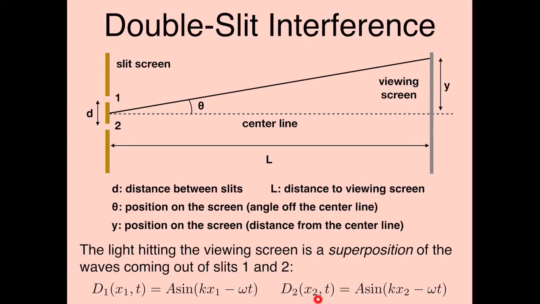And then d2 as a function of x2 and time is A times sine of (k x2 minus omega t). Remember, these two waves are generally going to be traveling different distances to get to the screen, which is why I'm defining a separate x1 and x2 variable to denote the distance each wave is traveling.